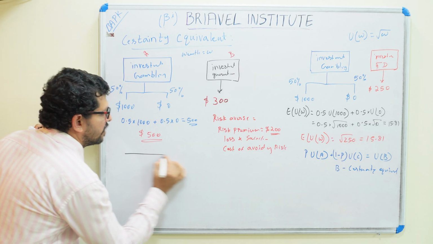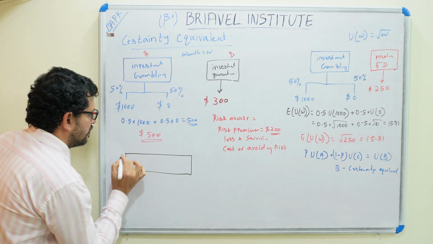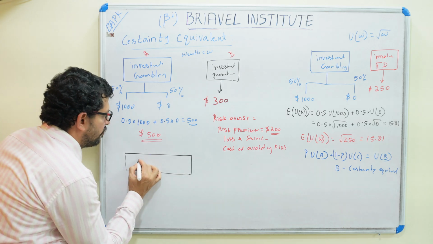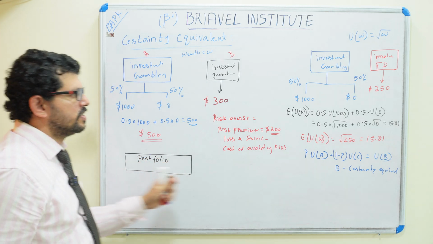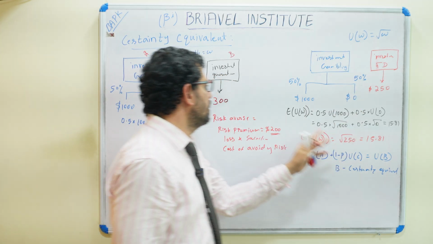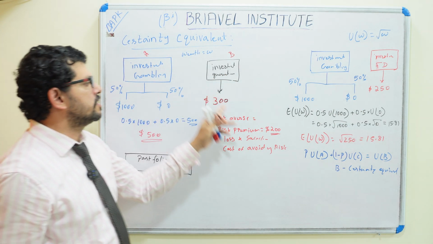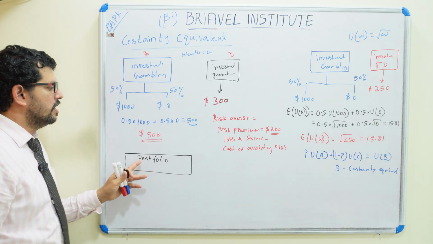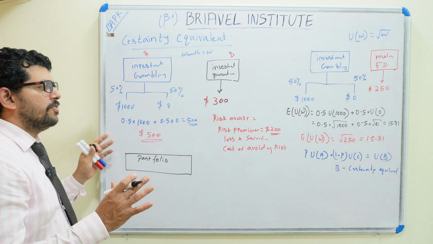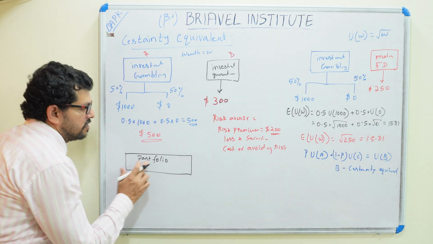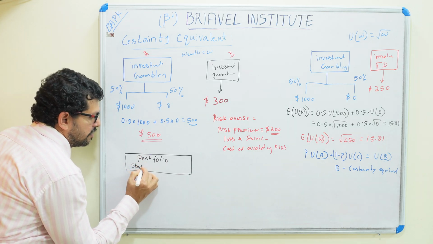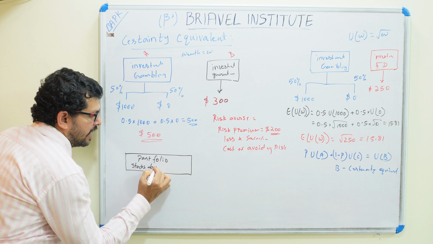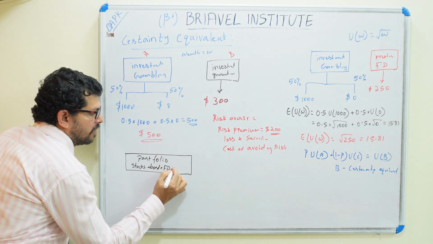Now we can explain the certainty equivalent in a different way. There are two types of certainty equivalent that we are studying. One is for a portfolio. We have studied what the certainty equivalent and the risk premium are, and now we are studying the certainty equivalent for the portfolio. In a portfolio there will be wealth, stocks, bonds, some guaranteed investments, plus FD, plus gambling also.